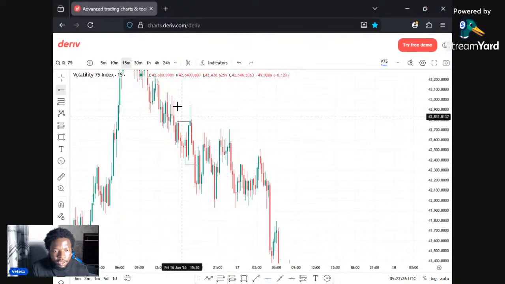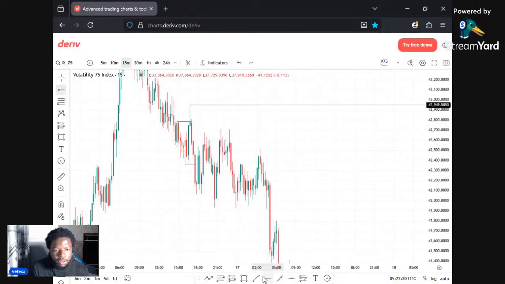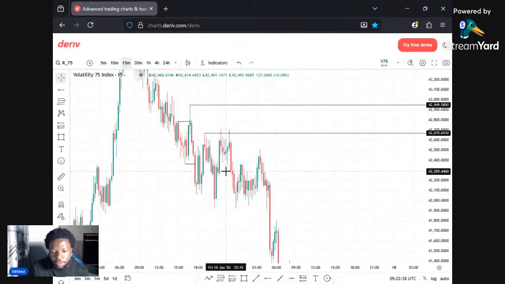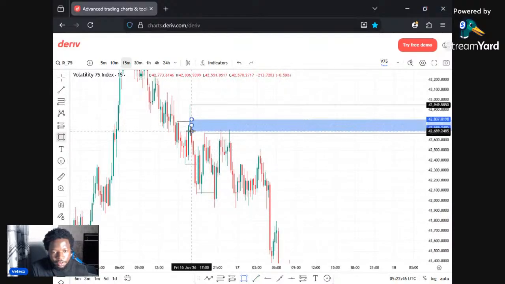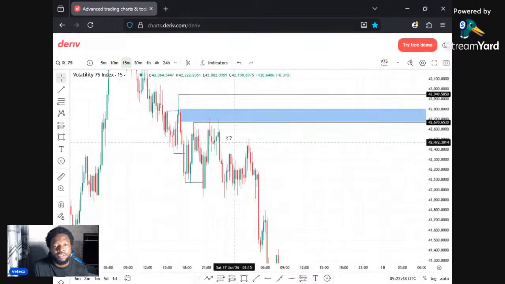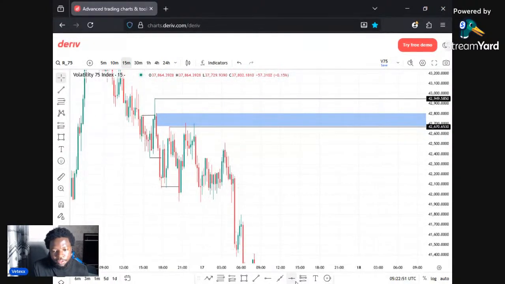We have our protected high right here. We have price retrace 50% to give us our structural liquidity. And then we have our second break of structure. Price gets into this POI, takes out the structural liquidity, and then it sells in the opposite direction.